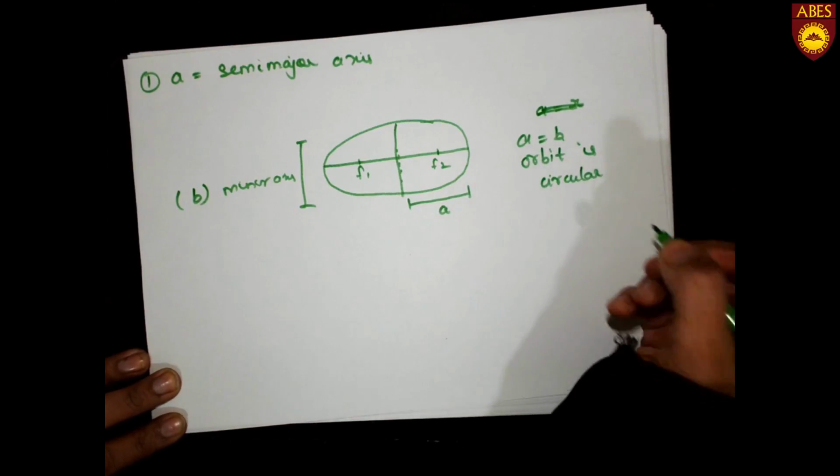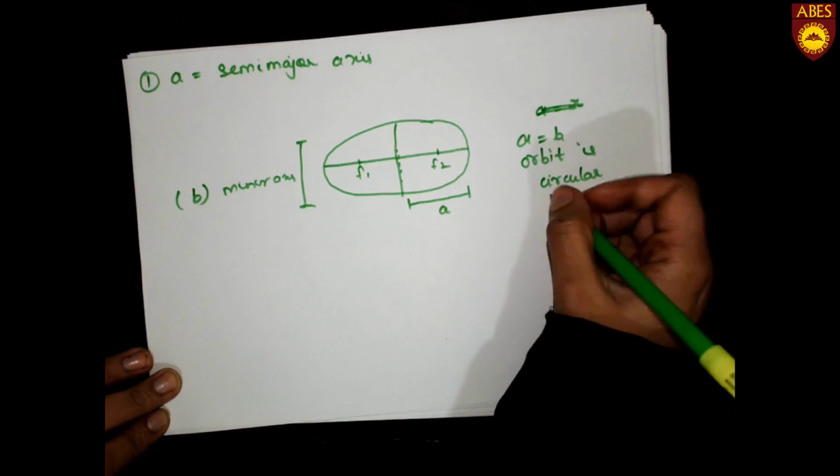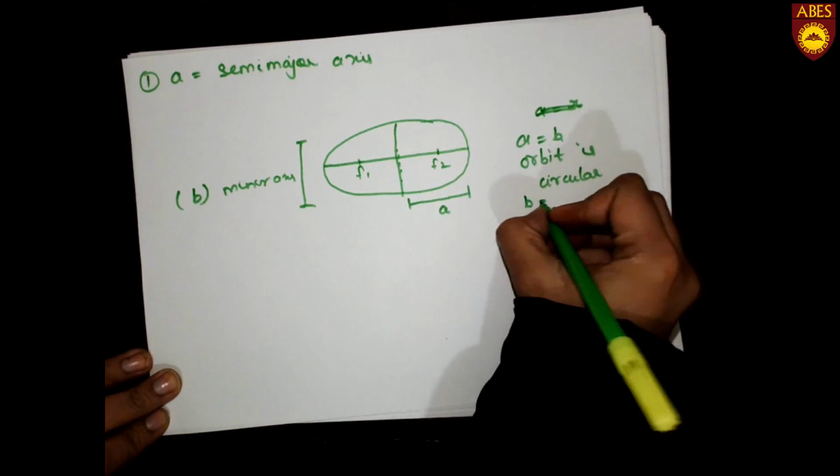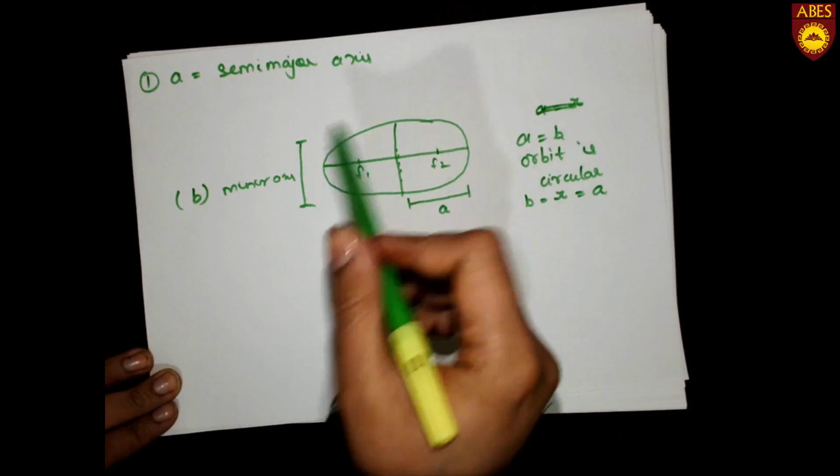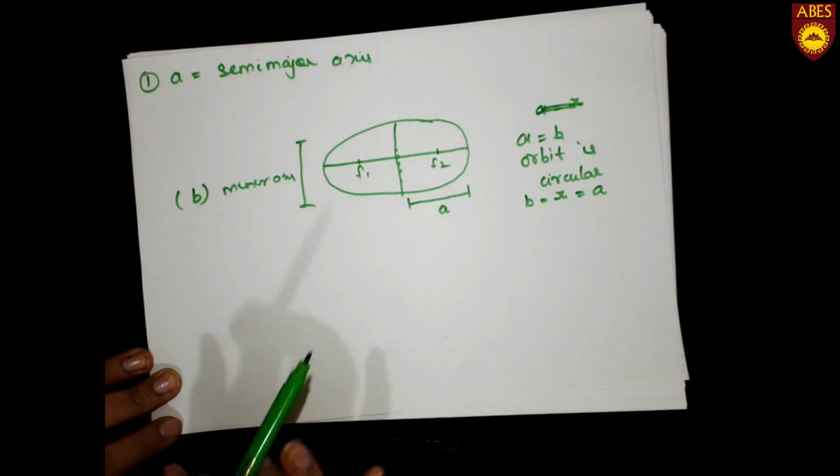And generally in circular orbits, we say that B is the radius, denoted by R. So this is the parameter which tells the shape of your orbit.